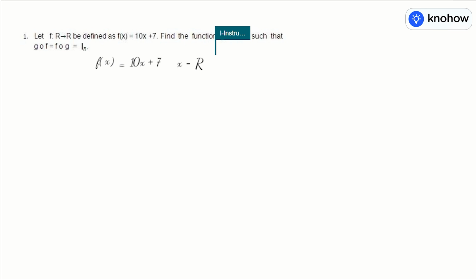Then we have to find another function g such that g o f equals f o g equals I_R. If we could work out such a function g, then what will g be?